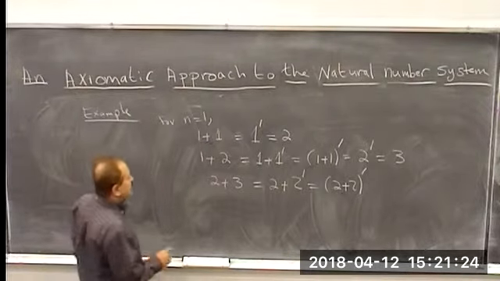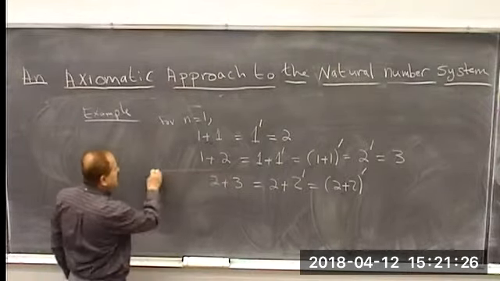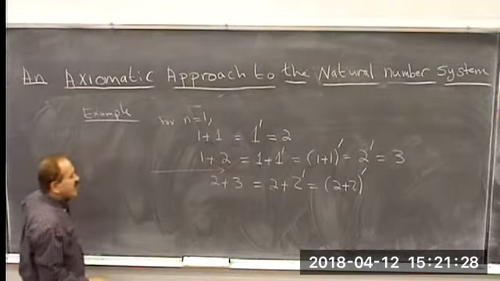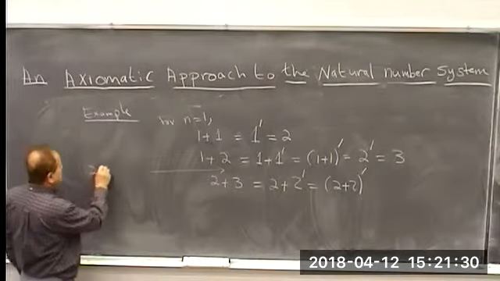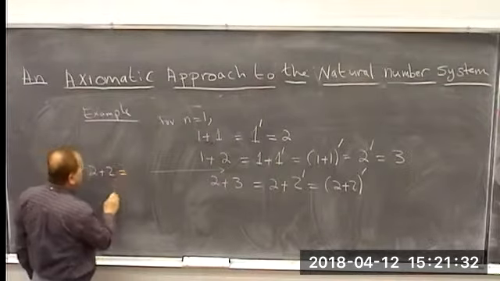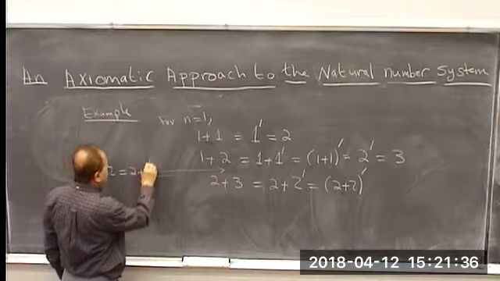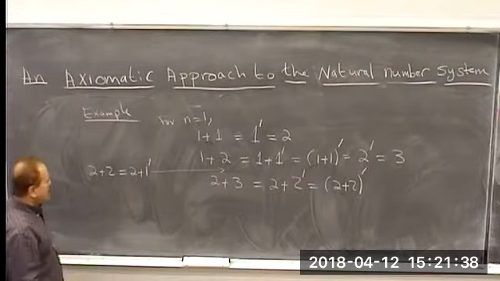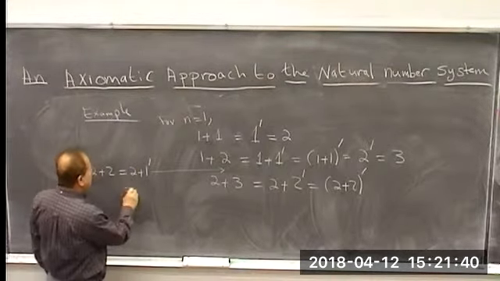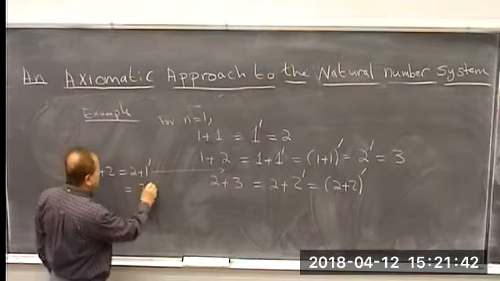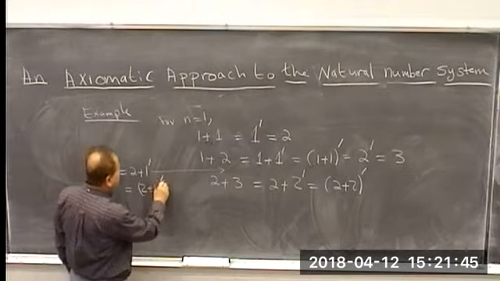So the next thing we want to do, maybe as a step in here, is to add 2 and 2. So 2 and 2, you write this as 2 plus the successor of 1, and then you write this as the successor of 2 plus 1.